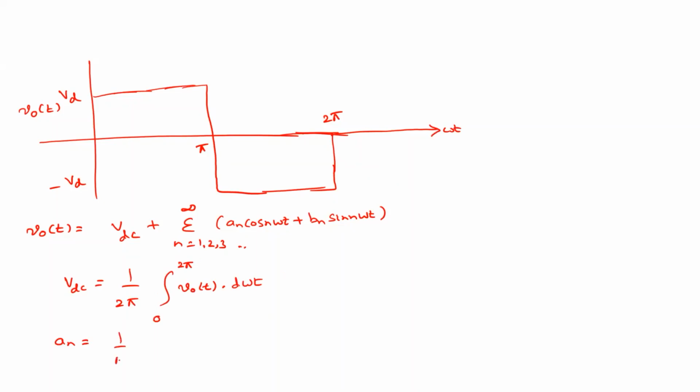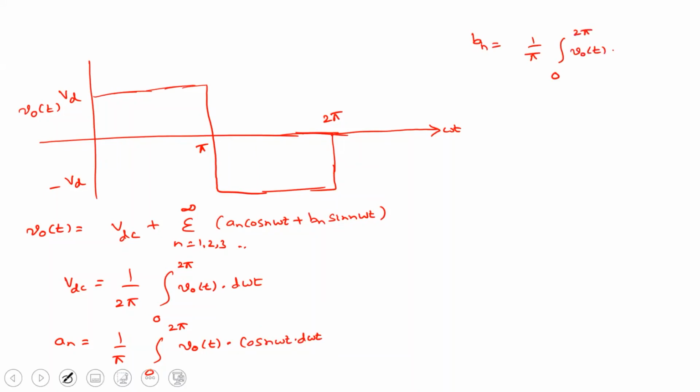That is 1 by pi integration of 0 to 2 pi V naught of t cos n omega t d omega t, right? Similarly bn is 1 by pi integration of 0 to 2 pi V naught of t sin n omega t d omega t.